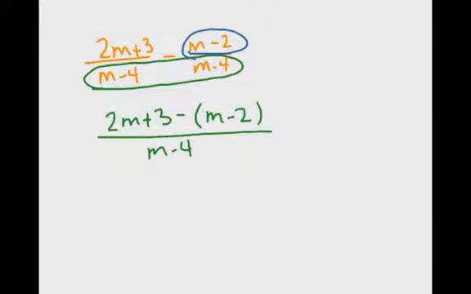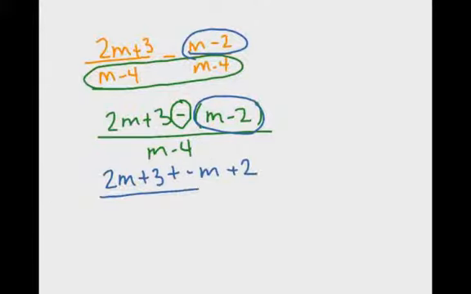So now, since this is subtraction, we're going to distribute our subtraction sign and change it to an addition problem. So we still have our 2m plus 3, but if I want to change it to addition, we have plus, and then we're going to change all of the signs in our parentheses. So we have a negative m, and then plus 2, all over m minus 4.